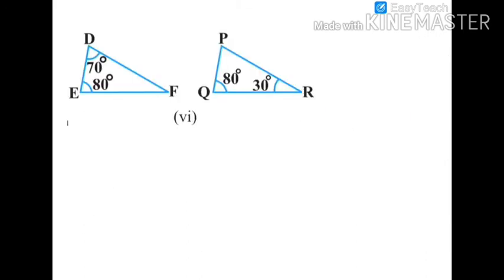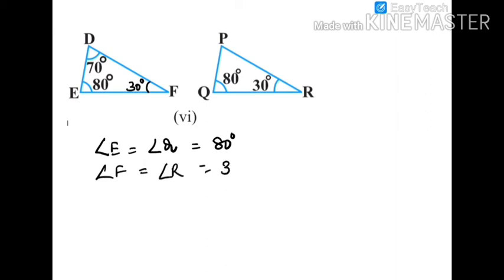Look at the sixth pair of triangles. Clearly, we can say that angle E is equal to angle Q because each is 80 degrees. But we do not have any other pair of corresponding angles equal. So let's find the third angle in triangle DEF. Using angle sum property, angle F will be 30 degrees. And now we can say that angle F is equal to angle R. So now we have two corresponding angles equal in these two triangles.